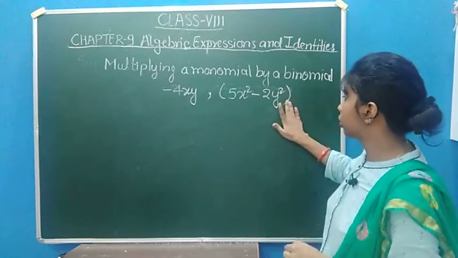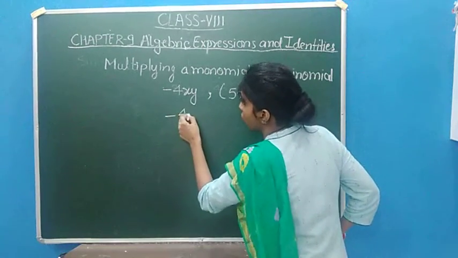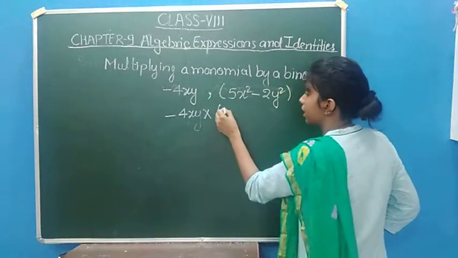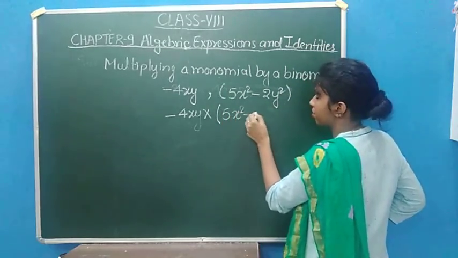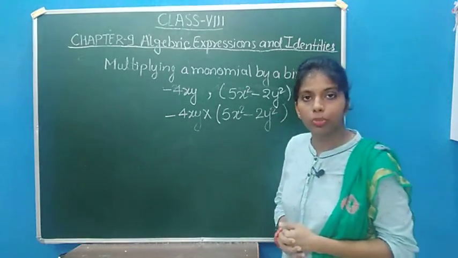These are the two expressions. Let's multiply: minus 4xy into 5x square minus 2y square. We're going to use the distributive property.